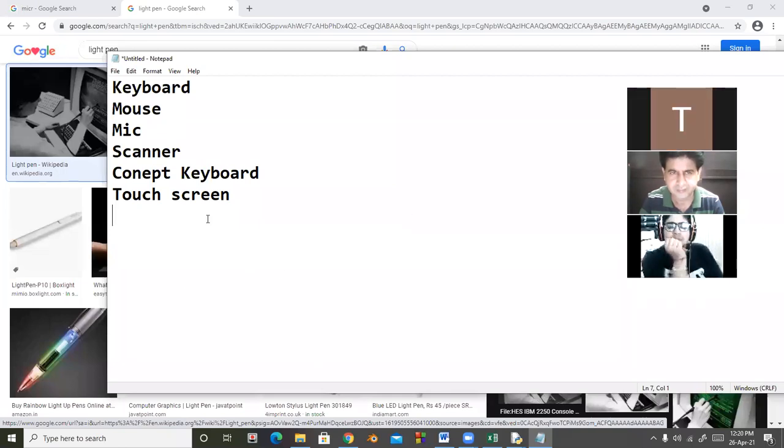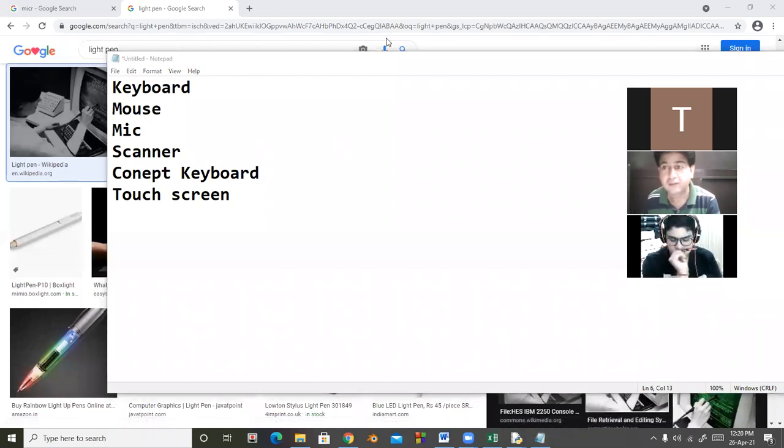Yes, sir. Sir, are there different types of scanners to do specific work? Yes, beta. Suppose I want to scan a signature, in that case a handheld scanner is there. If I want to scan a complete A4 size page, then a flatbed scanner is there. And if I want to scan a very big size page, in that case a drum scanner is there.